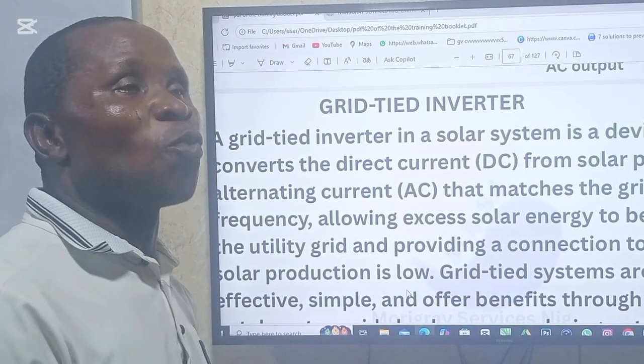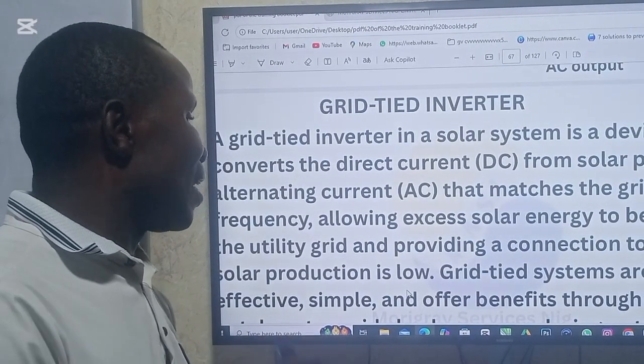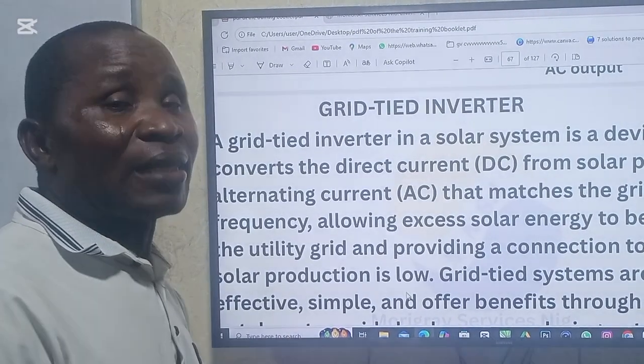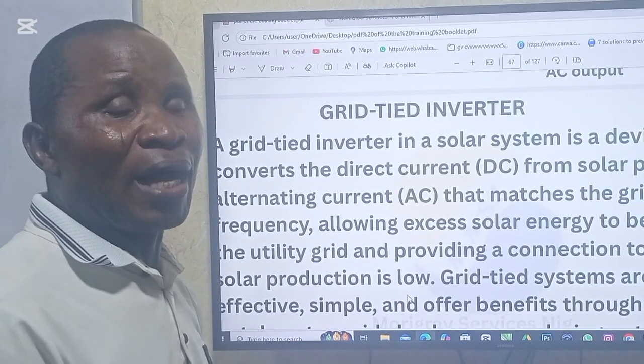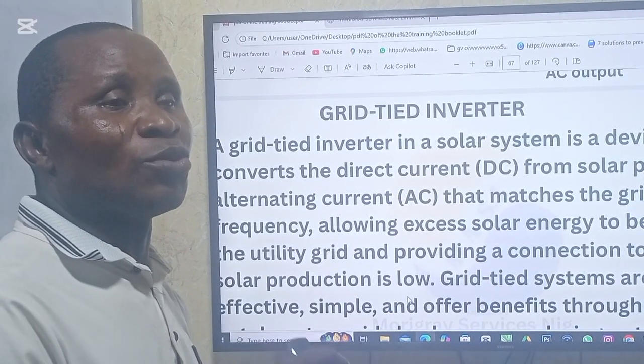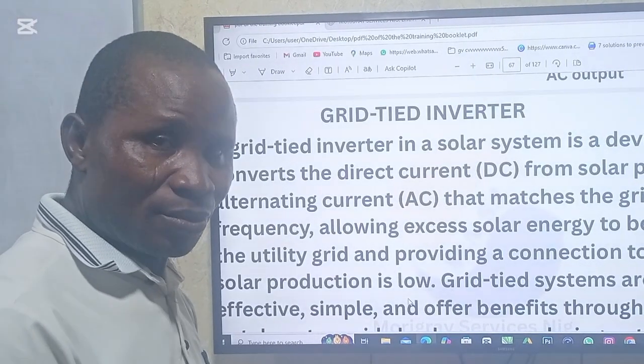This applies where the national grid is reliable and a client or an individual decides to reduce expenses on the national grid.